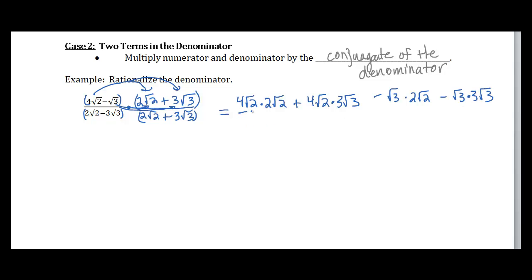And I'm going to divide all of that by, okay, those are conjugates in my denominator, so I'm going to have 2 square root of 2 squared, those are my first terms, minus 3 square root of 3 squared.